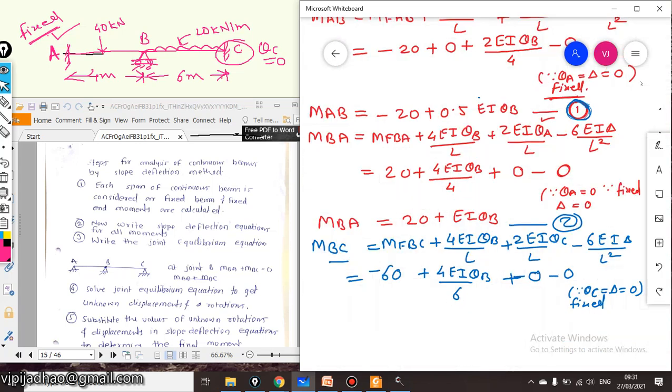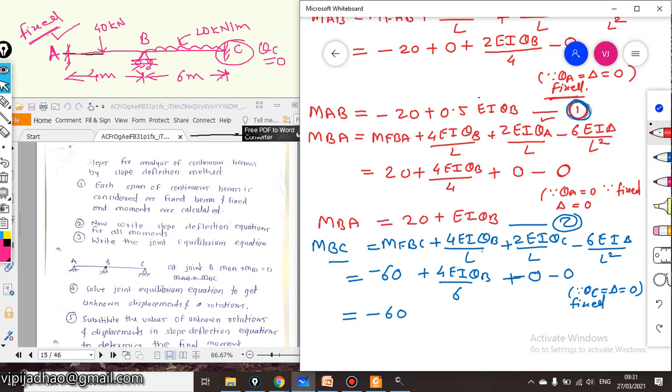Now just simplify this, minus 60 plus 4 by 6 means it will be 2 by 3, that is 0.67. So write down this value of MBC. Okay, sorry, there was some mistake.